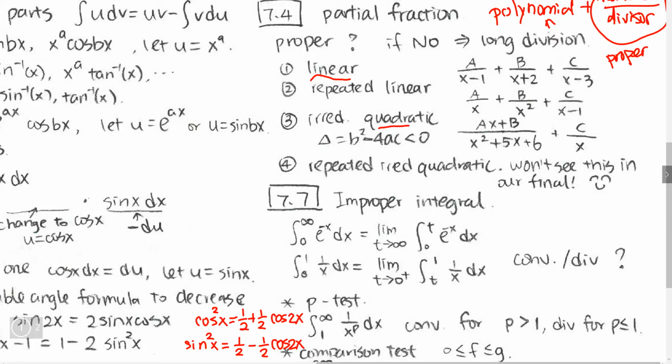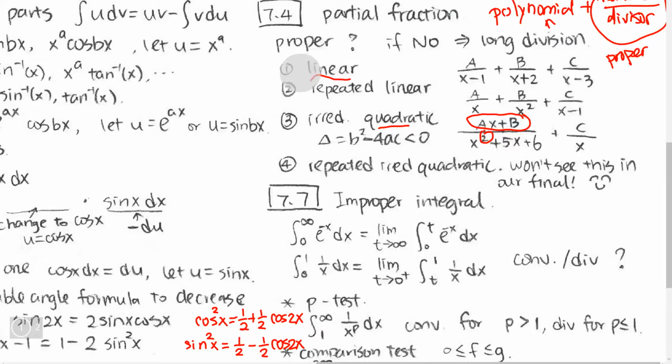In this case, your setup is a simple proper fraction. Simple means the denominator has only one kind of factor. Proper means the degree of the numerator is less than the degree of the denominator. Because the denominator has degree 2, the numerator must have degree 1. The general form for a degree 1 function is ax plus b.